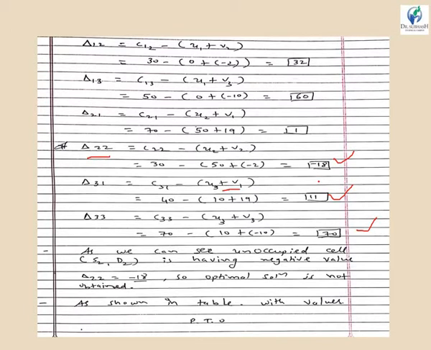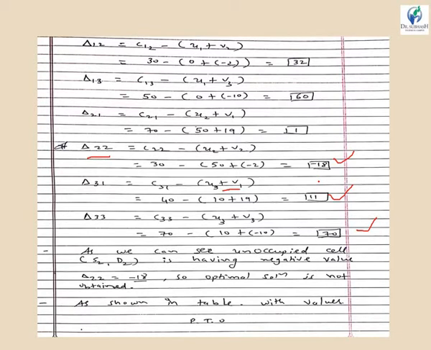So what is the further procedure? What further steps do we need to do so that we can reach the optimal solution? We saw in our first example that all the unoccupied cells had either positive values or 0. If the unoccupied cells have positive or 0 values, then the solution is said to be optimal.